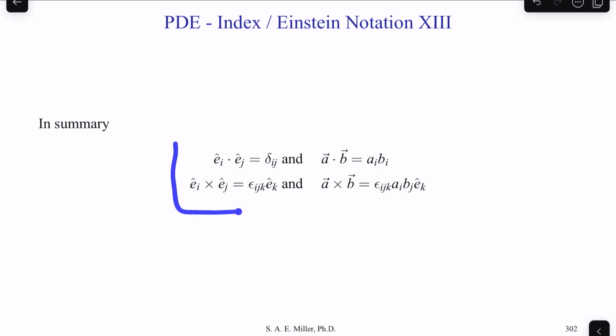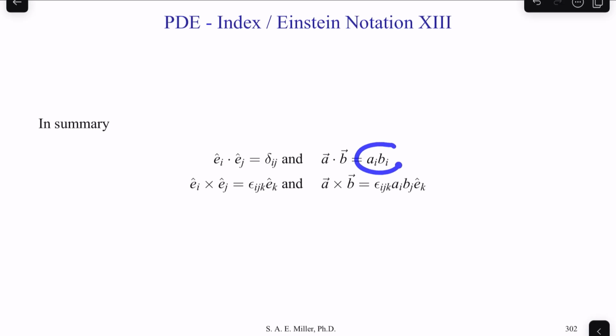So this is a very compact way. So now when you see the Kronecker delta function, you think dot product of the unit vectors. When you see a permutation tensor times a normal vector, you'll think cross product of the basis or normal vectors of the Cartesian system.